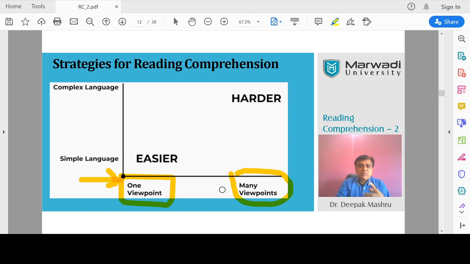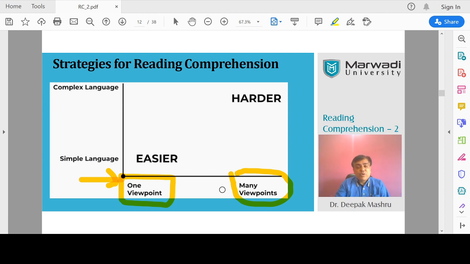I'm going to give you a worksheet. In that worksheet, you will find, for example, Marie Curie. You must have heard the name of that person. She was a scientist, so if a passage is asked on Marie Curie, and you are a good reader, you will be able to understand that and write, because it is easy for you, because you belong to that genre, that category.